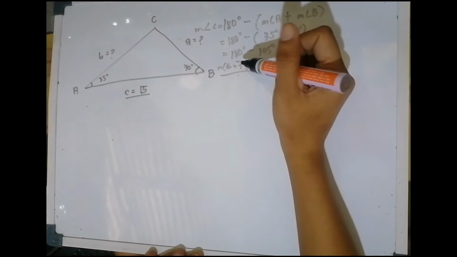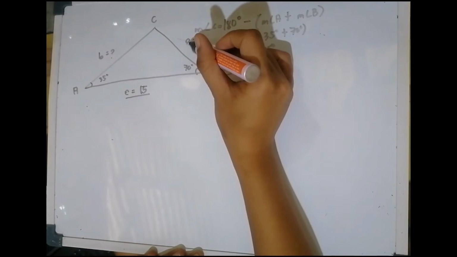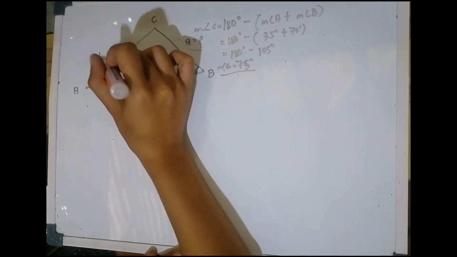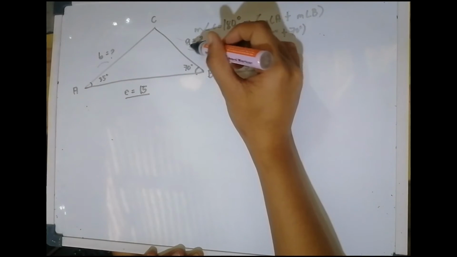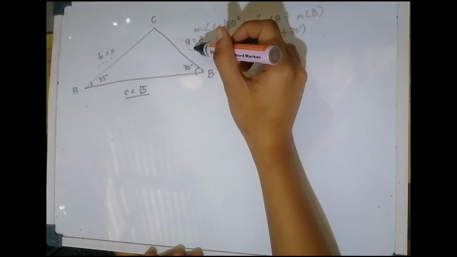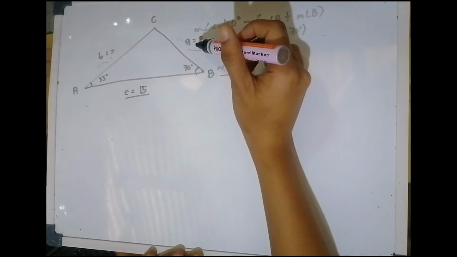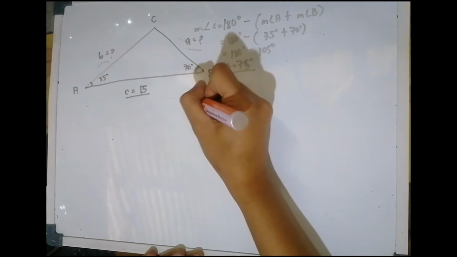Then, since we already have our angle C, we will now find the measure of side A and side B. We will first find the measure of side A. How do we find it? We will utilize the law of sines.